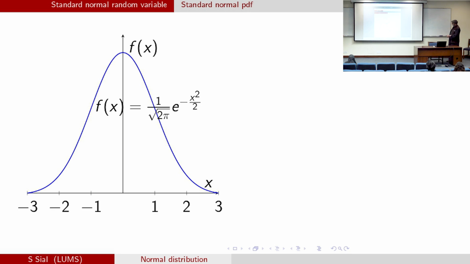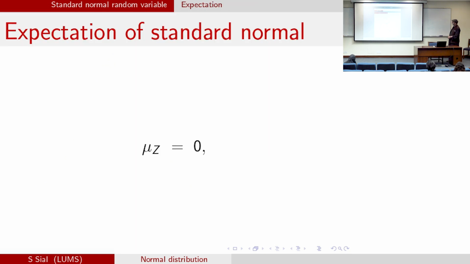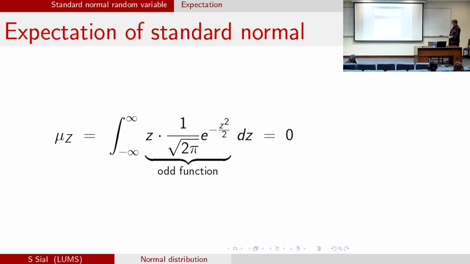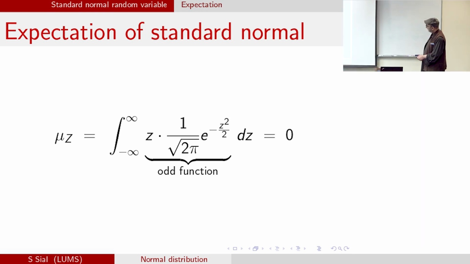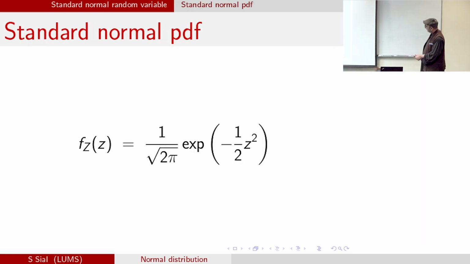Its expectation is 0. You can see this by considering that if you want the expectation of the standard normal, you integrate z from minus infinity to infinity, z times the PDF. This function here is even: whether you put in z or minus z, you get the same result.